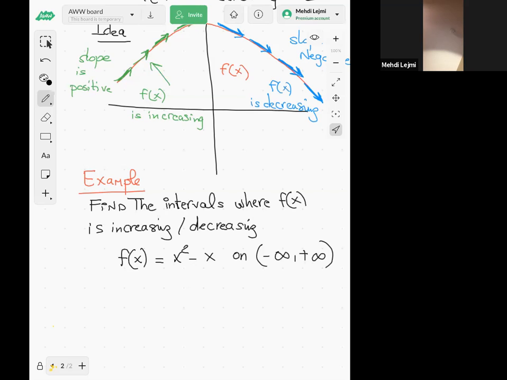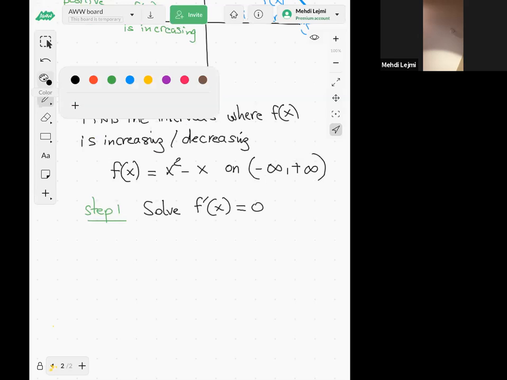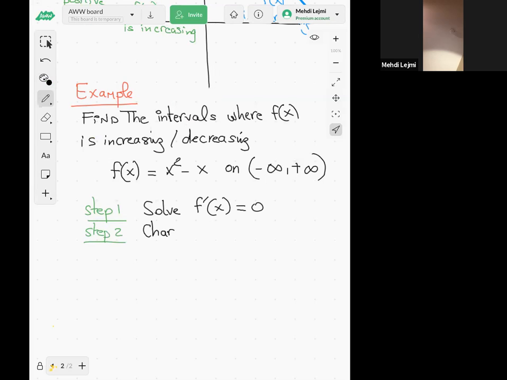There are actually two steps. In step one, you have to solve f prime of x equal to 0. In step two, you make the chart of the sign of f prime of x.